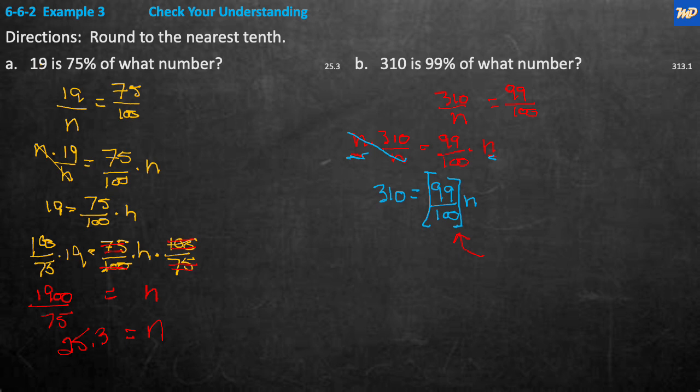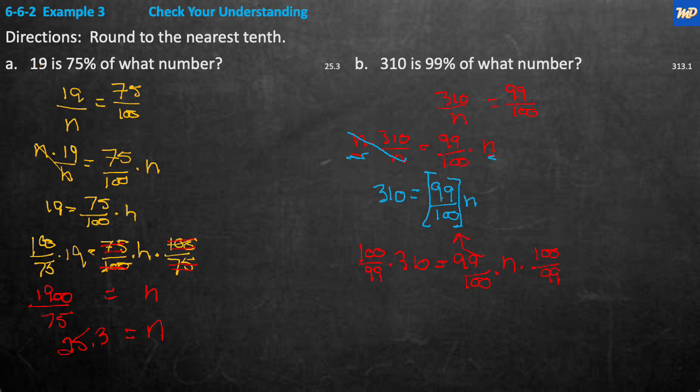So the reciprocal of this is 100 over 99. 100 over 99 times 310 is equal to 99 over 100 times n times 100 over 99.